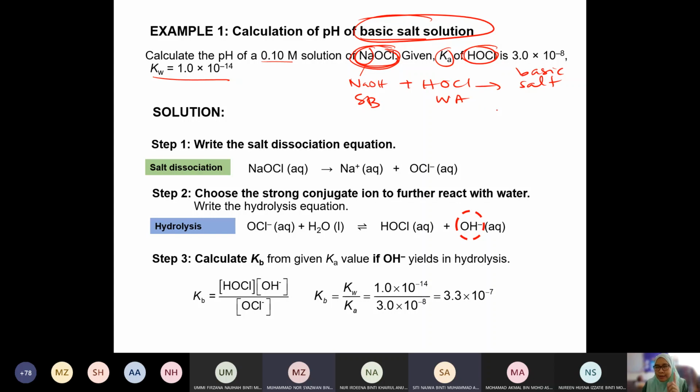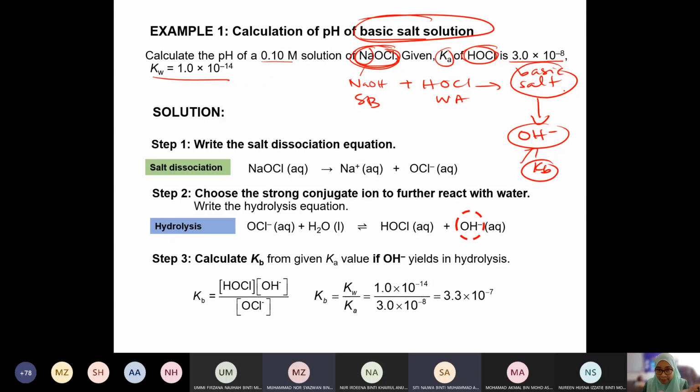Okay, so you boleh imagine bila you buat equation for the hydrolysis later on for basic salt, you akan produce OH minus. Sebab nama pun basic salt, that means you will produce OH minus for the hydrolysis equation. When you produce OH minus, you need Kb tau. You perlukan Kb. But what is given to you is Ka. See?